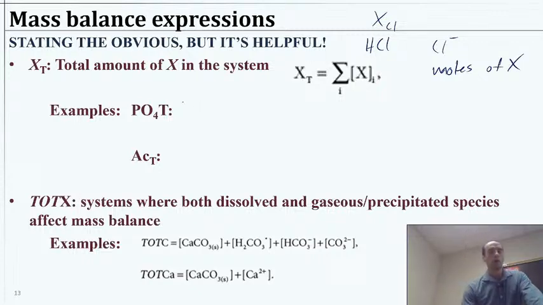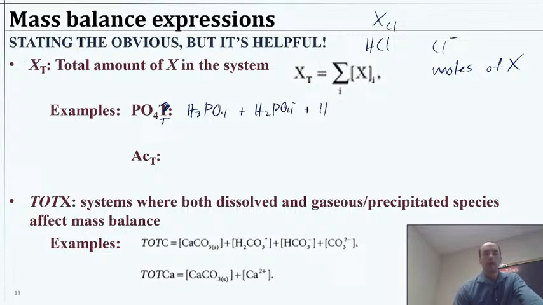A little more complicated would be, and I meant to subscript this, I'm sorry, say the total phosphate. If we have H3PO4 as phosphoric acid, we would also need to account for H2PO4 minus, HPO4 2 minus, and PO4 3 minus. And we're talking about the molar concentrations of each of these.